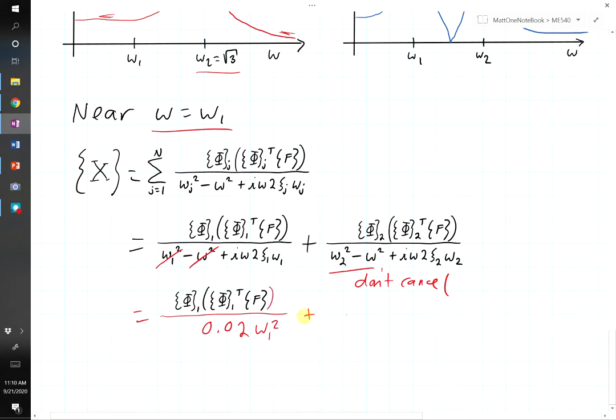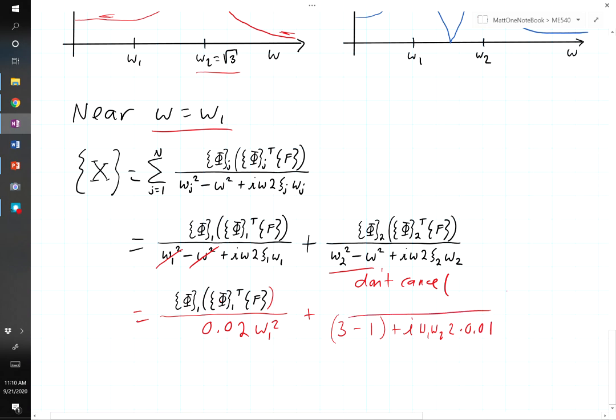For this second term, though, these two don't really cancel, and so we'll have some bigger number, say in this case we'd have the square root of 3 squared, or 3 minus 1, plus i times this frequency, omega 1, omega 2, let's say zeta 2 was also 0.01.